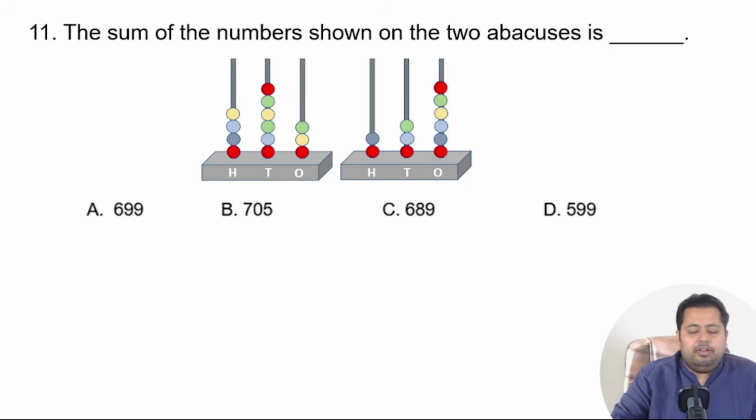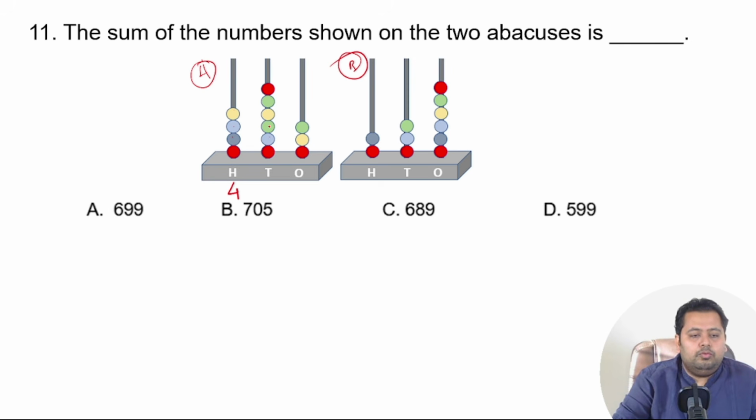Great. So hopefully you have got it right. Let's try and solve it. Say this is number A, and this is number B, right? In the first number, in the hundreds place, there are 1, 2, 3, and 4 beads, so this is 4.